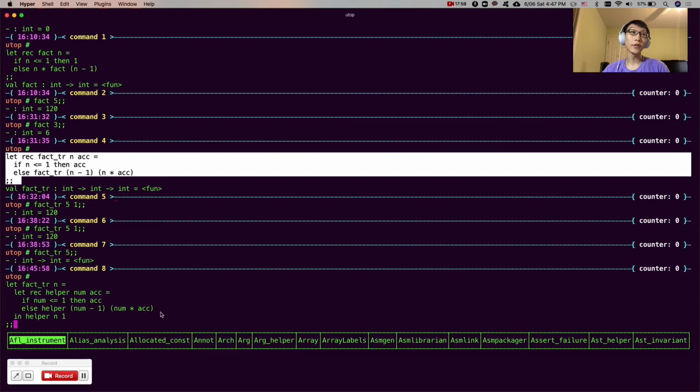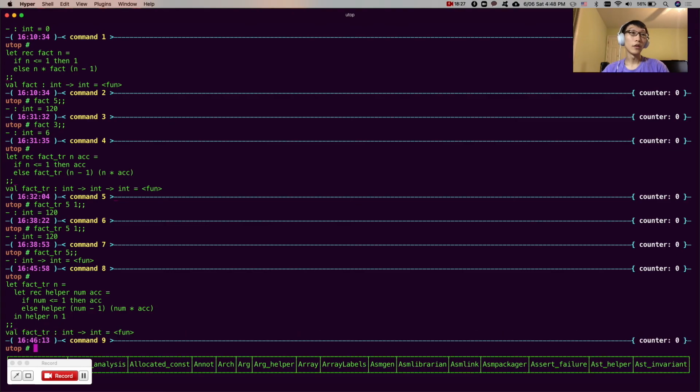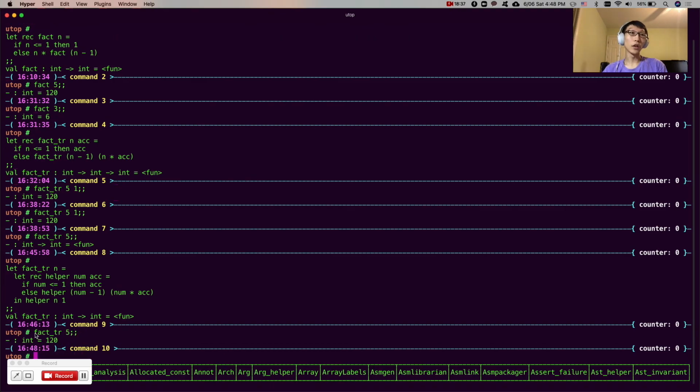What's important, however, is that we're reusing this helper function to call it on this input n and this accumulator 1. So if we do this, you'll indeed see that it's a function that takes in an int and gives us an int. So if we do factr of 5, then we'll see we actually get the same thing that we wanted, which is 120.